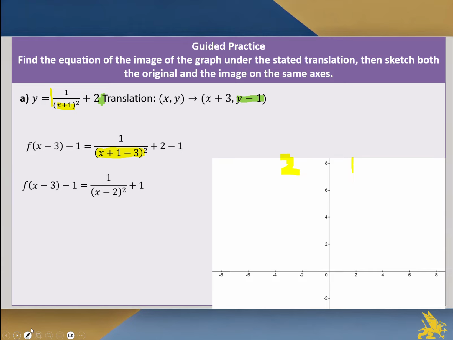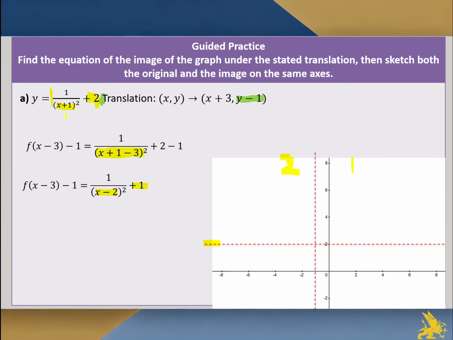Now I've done that, I'm just going to put in my asymptotes. So my asymptotes we can see are going to be at 1 here, and we've got 1 at 2. And the original function, we've got 1 at 2, which is the vertical, which is what I've got here already.